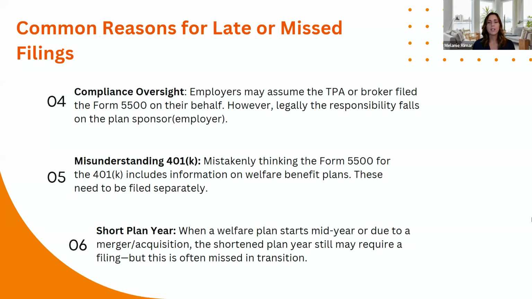This next one I've seen a couple times where I get a client who says that they filed their welfare benefit plan, and I'm looking all over the eFast system and I cannot find a welfare benefit plan. However, I am seeing a bunch of 401k plans filed. And you check it out and I see that the 401k plan included the welfare benefit plan. That cannot happen. These need to be filed separately.